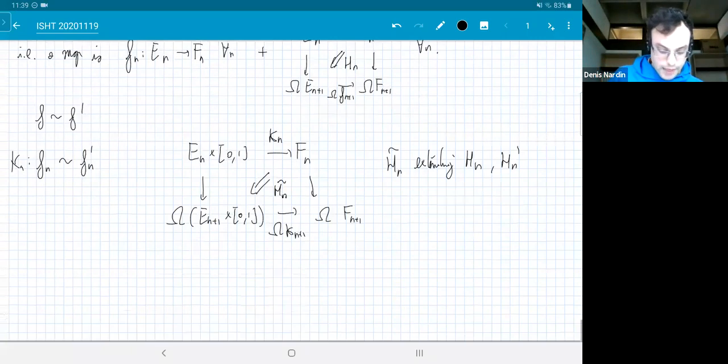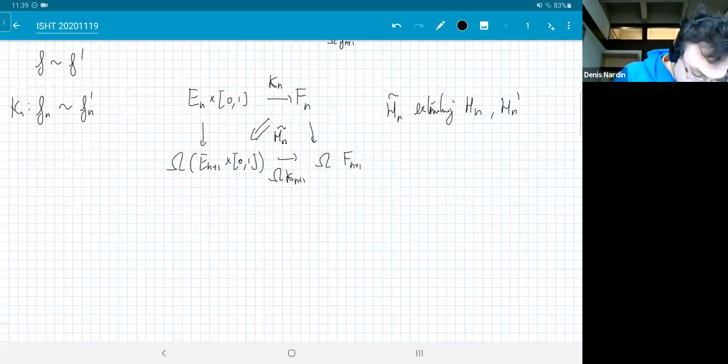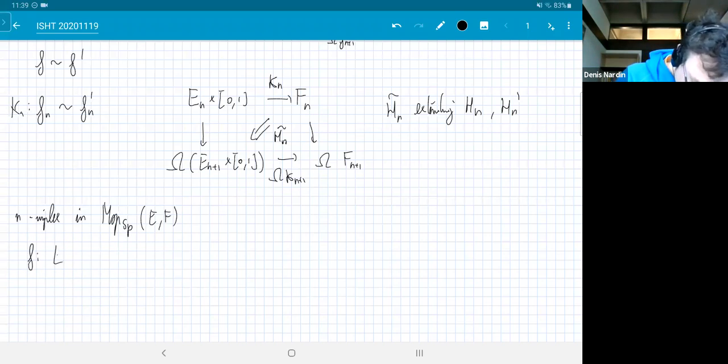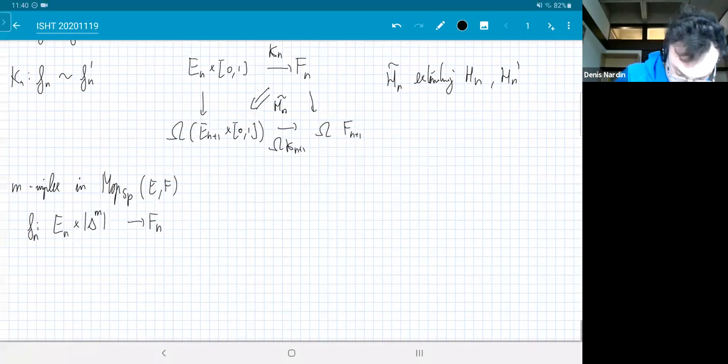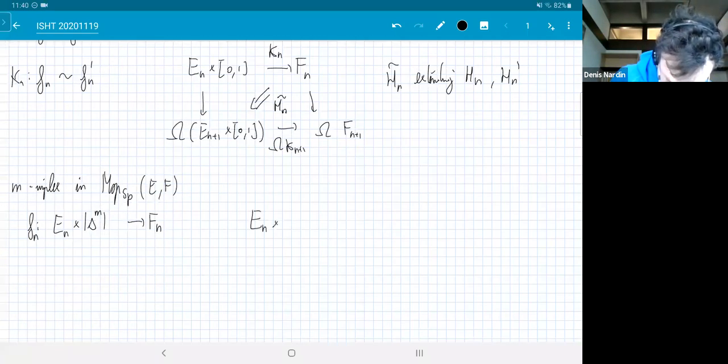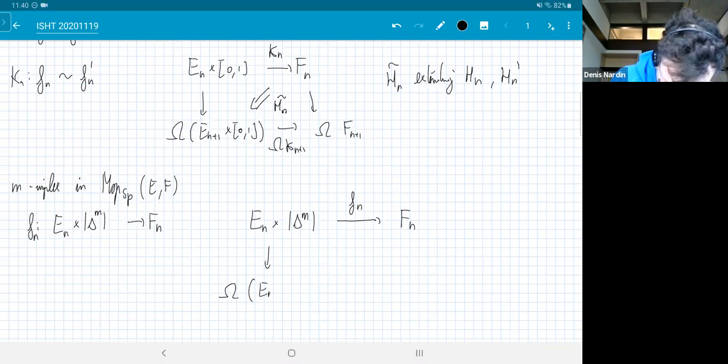And actually, why can't I give you the higher simplices? So let me give an n simplex in map spectra E to F. It's just an F from E to Fn, and, oh, sorry, this was actually silly.